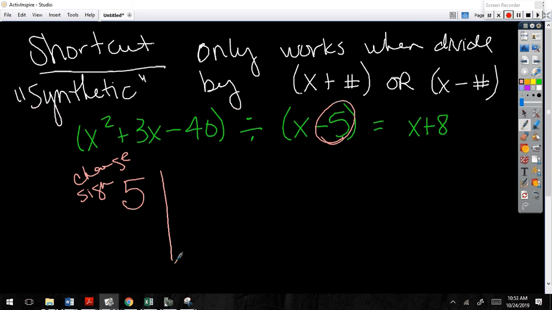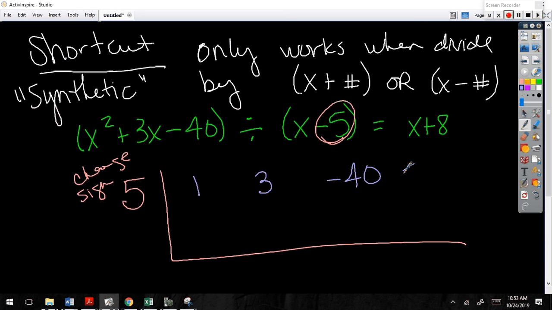We do an upside down division sign with enough space for 2 rows of numbers. I know nobody likes it when they see it the first time, but they love it after they work with it a little bit. The very first row is going to be the coefficients of that first polynomial, but you have to remember placeholders.